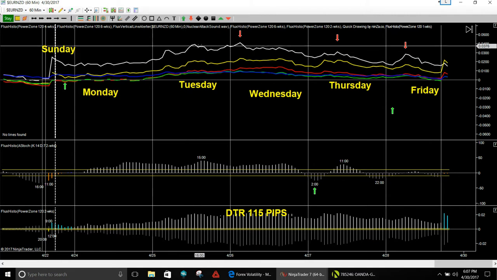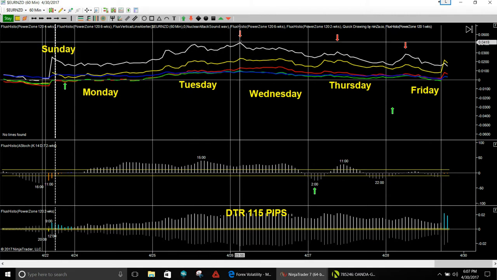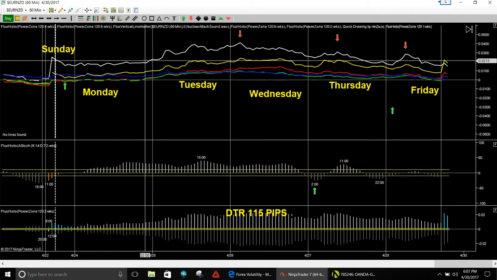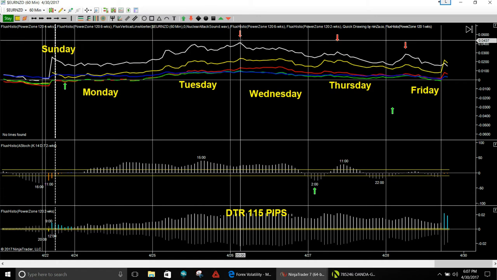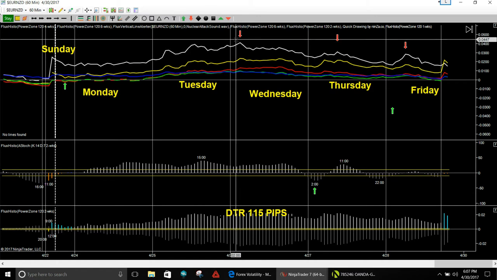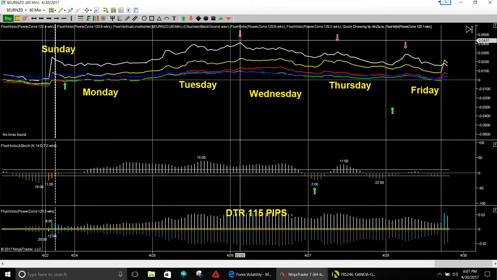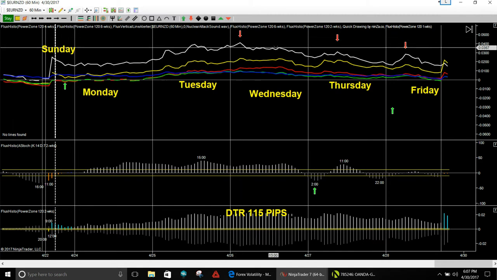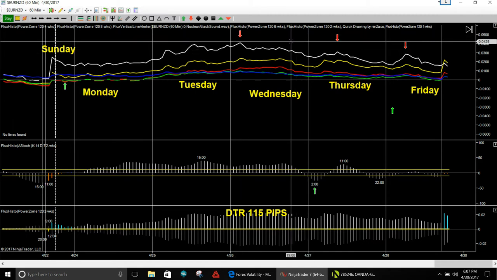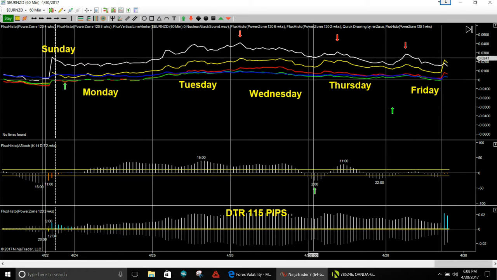You got some nasty pullbacks here, but overall it's going up until we'll see up until Wednesday at 3 a.m. in the morning. But you got a lot of pullbacks here. At 3 a.m. in the morning, I'm going to look to exit and possibly take a short trade here at 3 a.m. in the morning and see what kind of pippage we can get out of this Euro New Zealand.